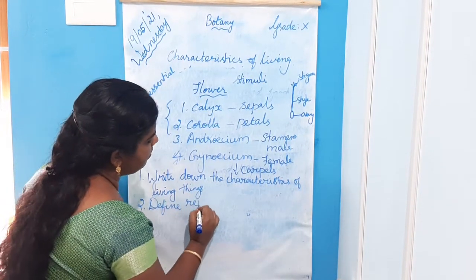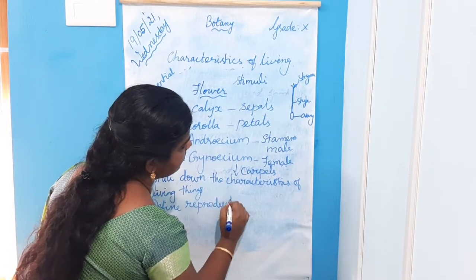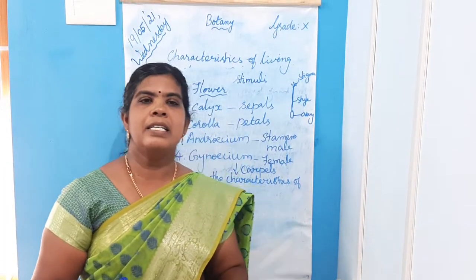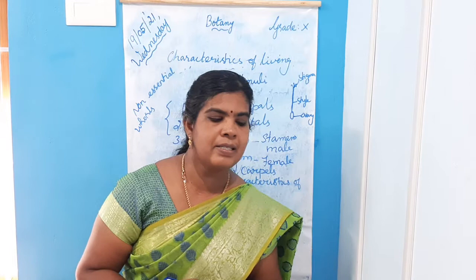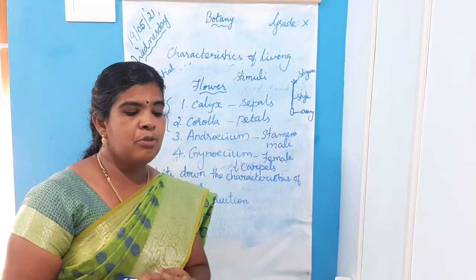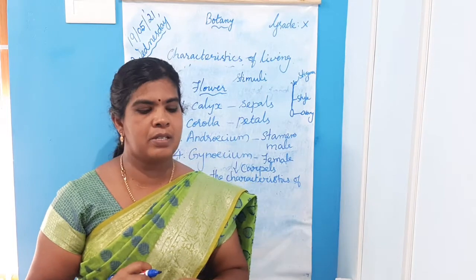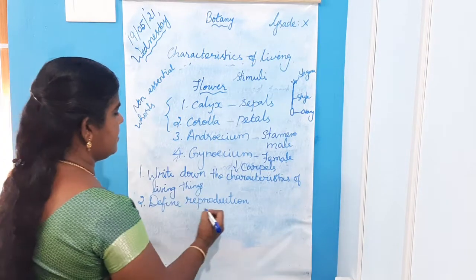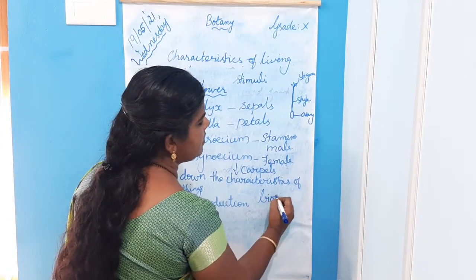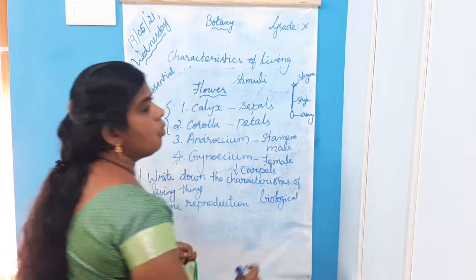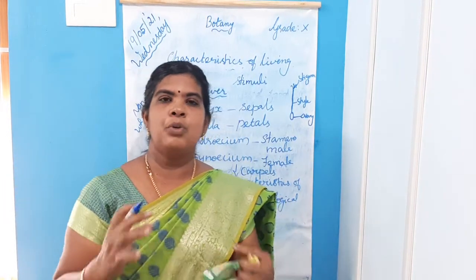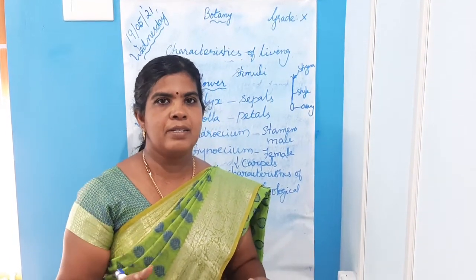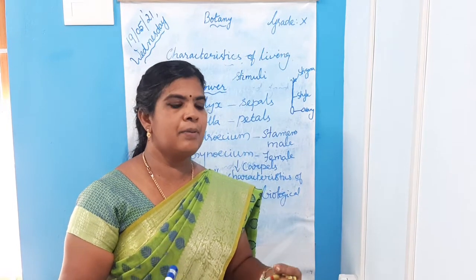Reproduction is the biological process by which new organisms or new individuals are produced from their parents. That is the definition for reproduction.